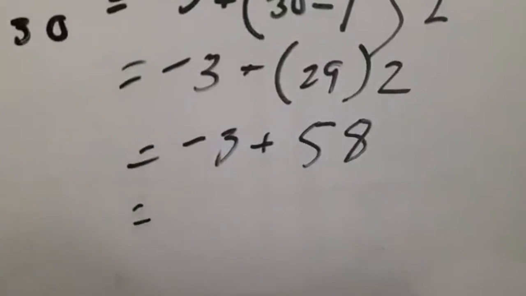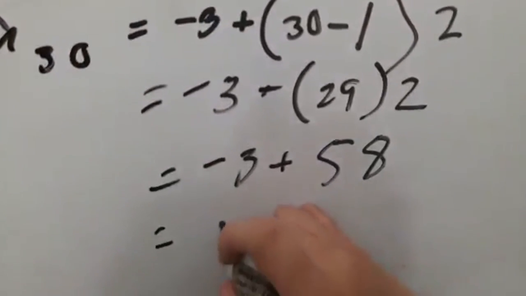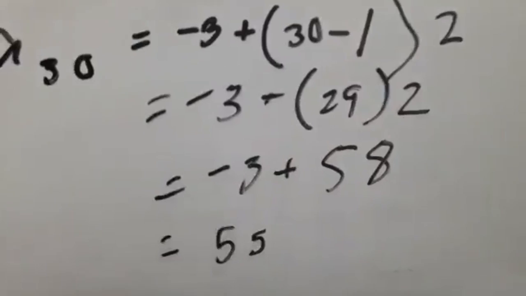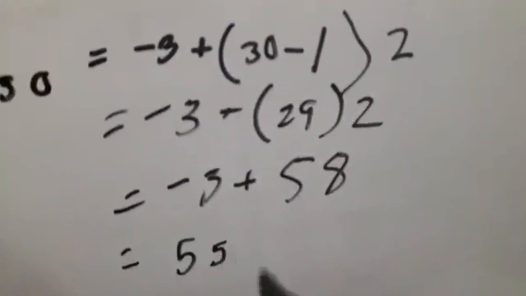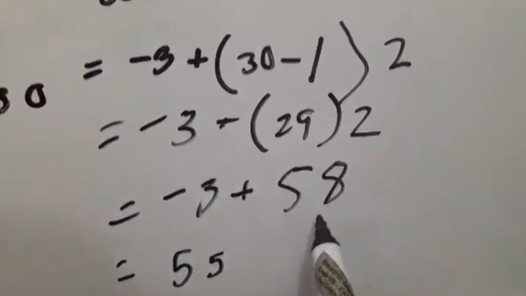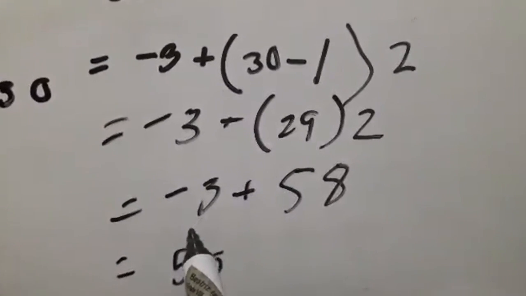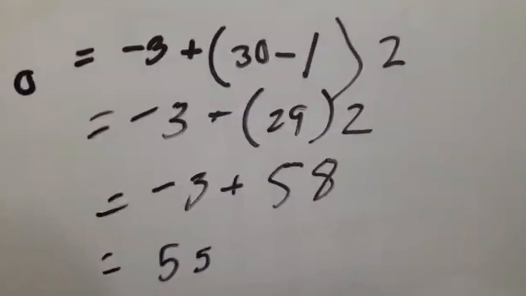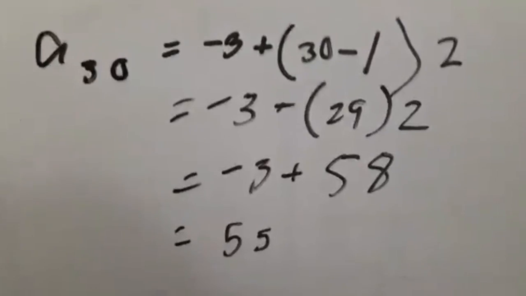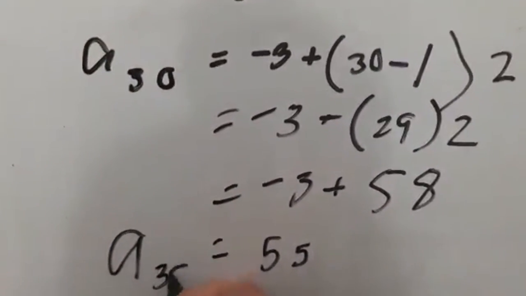And lastly, -3 plus 58 is equal to 55. Positive 55. Why is it positive 55? Because the larger number of the two is a positive number, and the smaller amount is a negative number. In conclusion, the 30th term of the sequence is equal to 55.